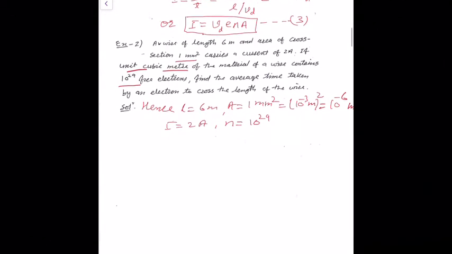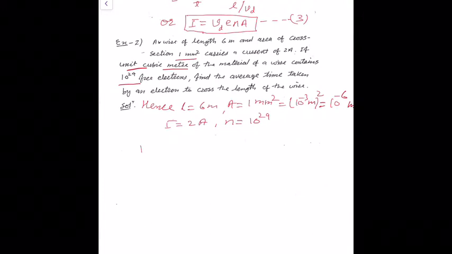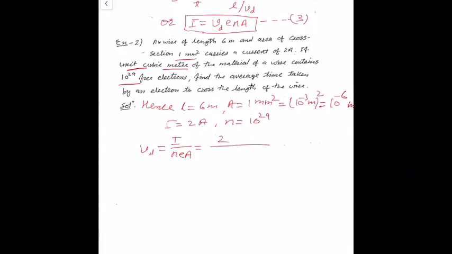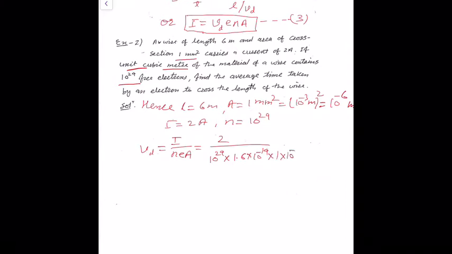So the drift velocity of the electron Vd equal to I upon n e A. So put the values: 2 upon 10 to the power 29 into 1.6 into 10 to the power minus 19 into 1 into 10 to the power minus 6.